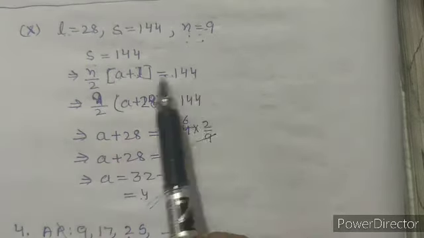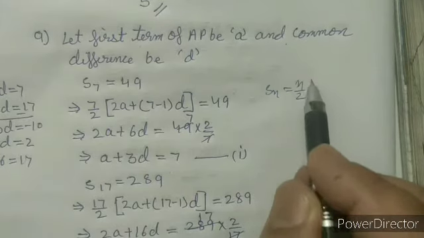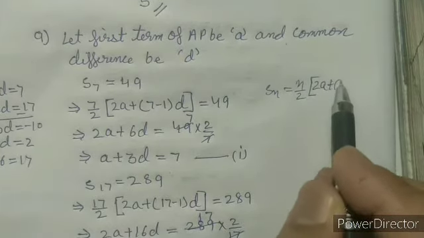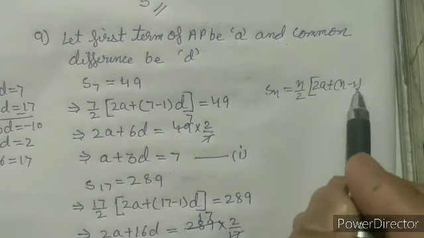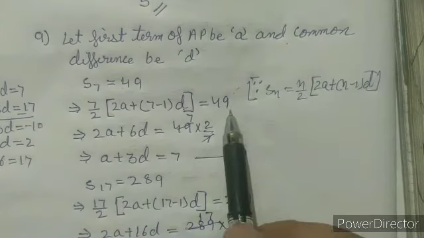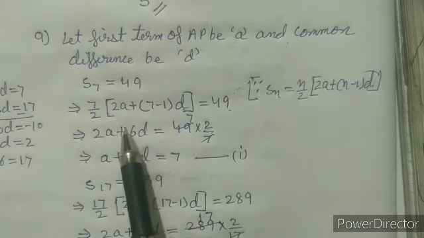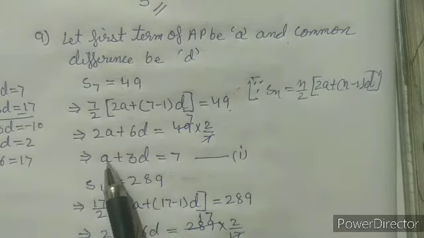From the formula, as we know, Sn equal to n upon 2 (2a plus (n minus 1)d). So S7 can be written as 7 upon 2 (2a plus (7 minus 1)d), and that was equal to 49. On solving this, we are getting an equation in two variables a and d, and that is a plus 3d equal to 7.